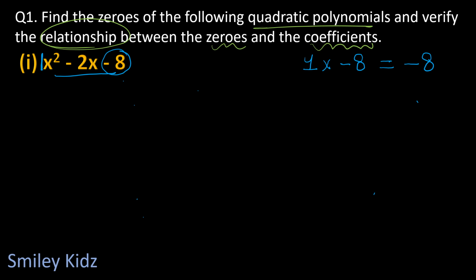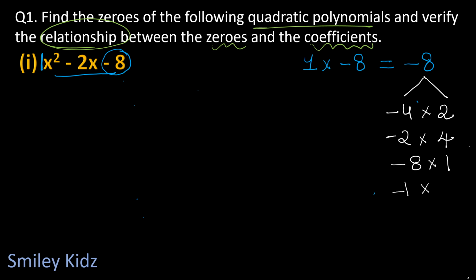Now we're going to find out the factors of minus 8. So factors of minus 8 can be minus 4 times 2, or it can be 2 times minus 2 times 4, or it can be minus 8 times 1, or 1 times minus 1 times 8.